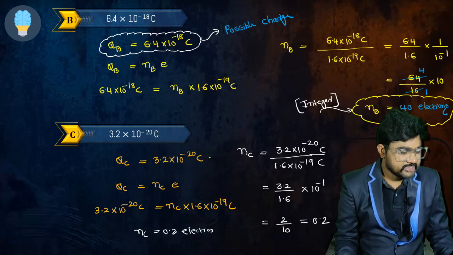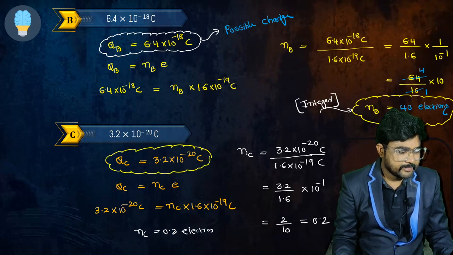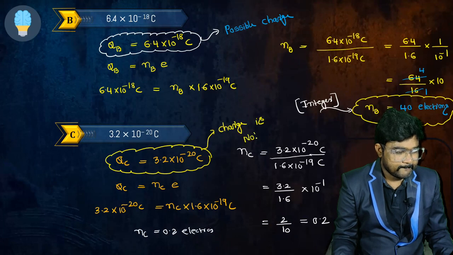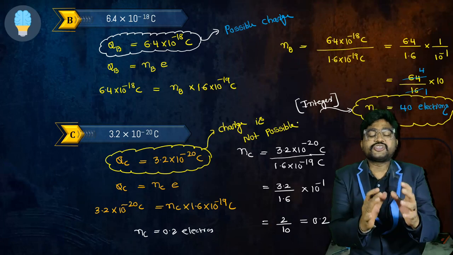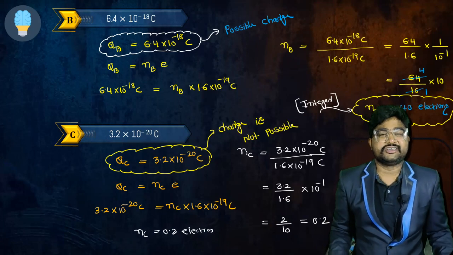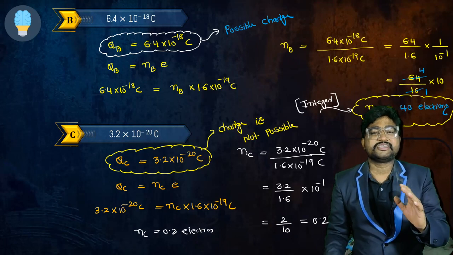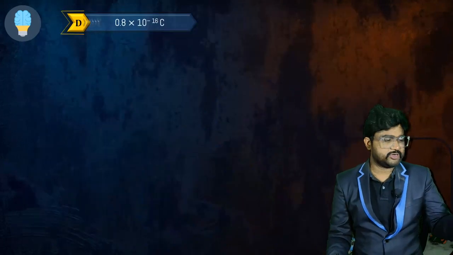Understood? So this charge is not possible. Then what is the answer? They are asking which one of the following electric charge is not possible. We got the answer: option C is correct.